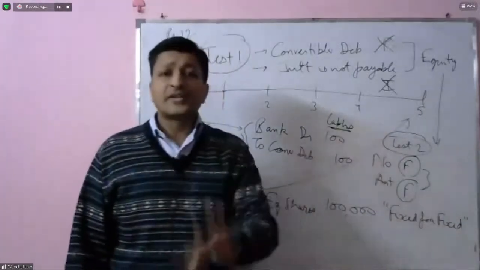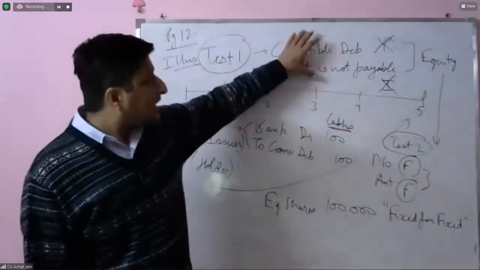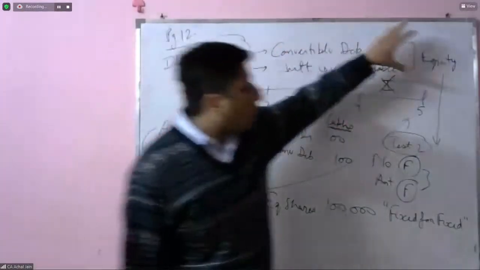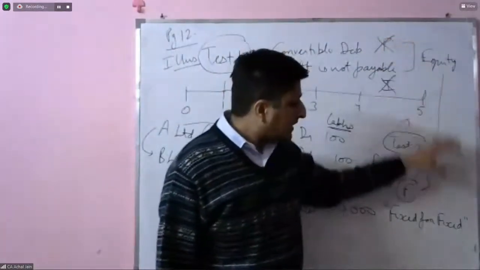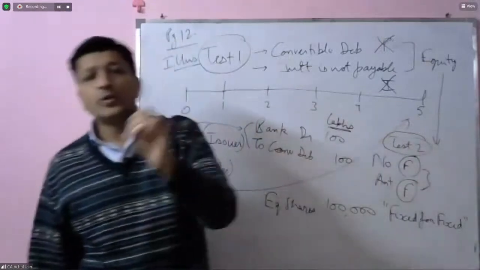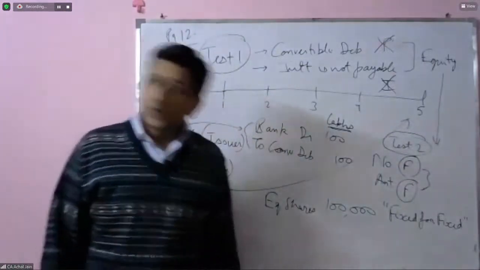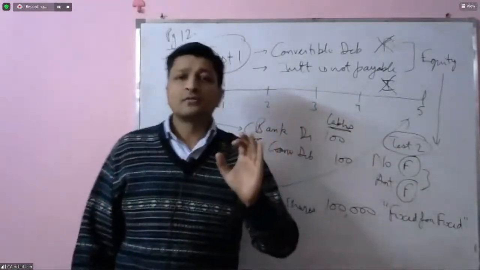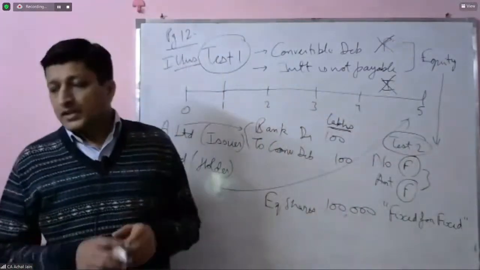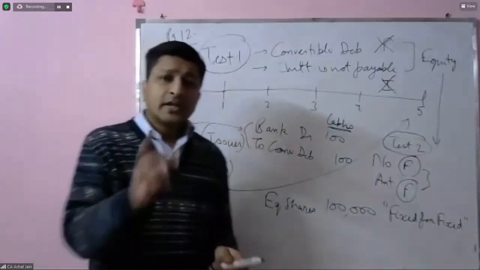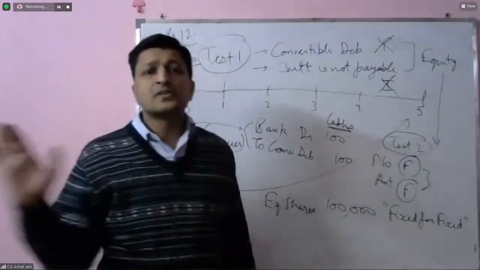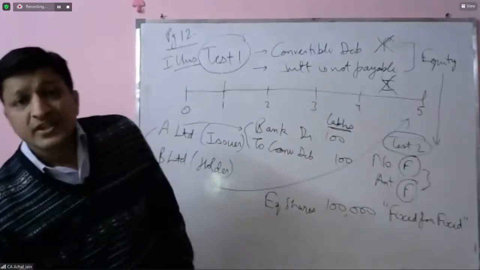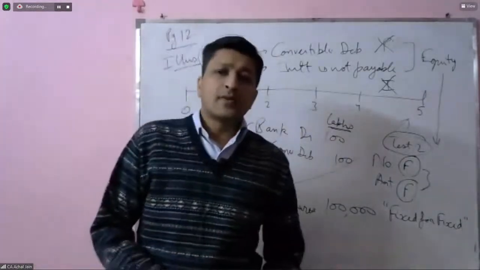When both of them are fixed, then if test number 1 calls an instrument equity, such an instrument will continue to remain equity. But if any of these components are not fixed, then we'll say the fixed for fixed principle is not met, and such an instrument will become a liability.